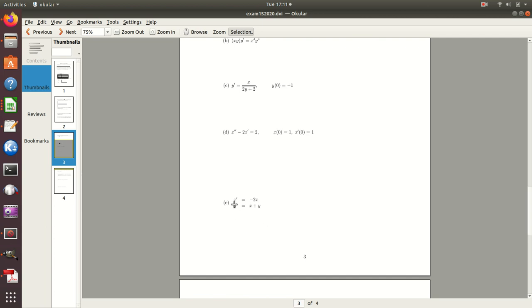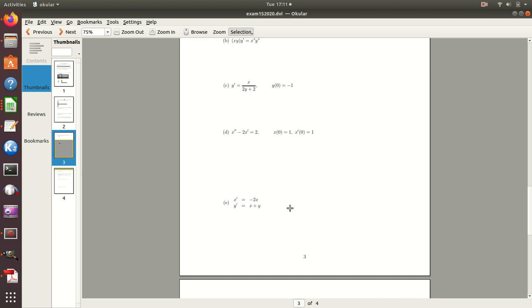Because notice it's x prime equals minus 2x. Oh, that's separable. I solve that first differential equation. I get x as a function of t, and then, or z, or whatever. It's just not y or x, because it's x prime and a y prime here. So there must be some third variable that I'm talking about.